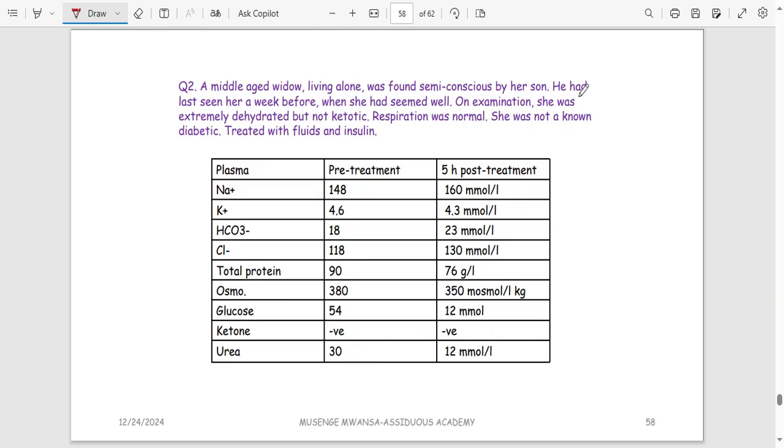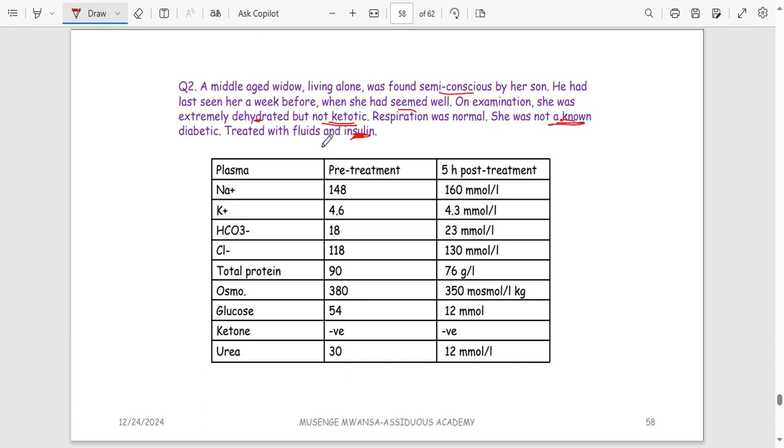So remember, we've been told that she seemed well, she's semi-conscious, she's dehydrated, but non-ketotic. She's being treated with insulin, meaning that she has diabetes. She is not a non-diabetic actually, but she's being treated with insulin, meaning that she has some high levels of glucose.